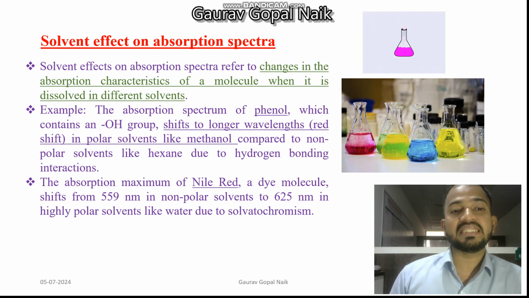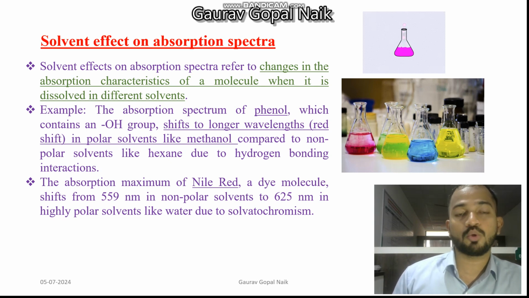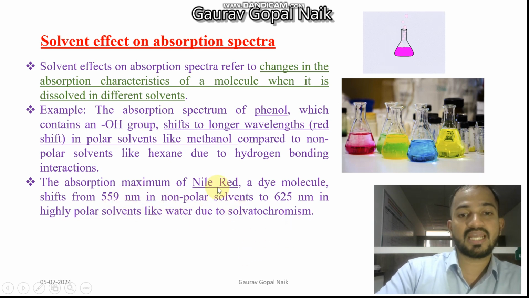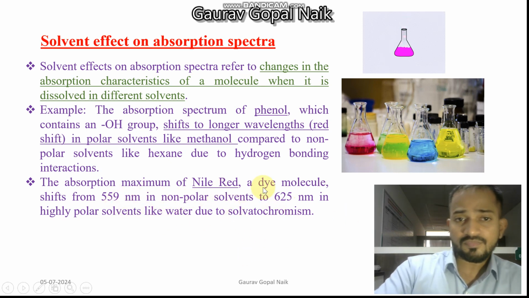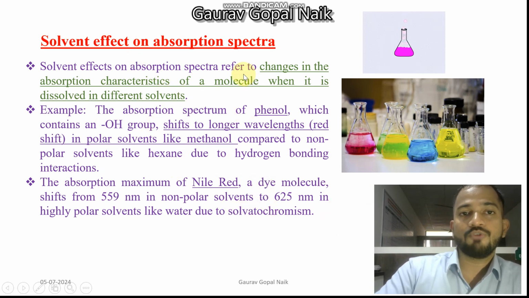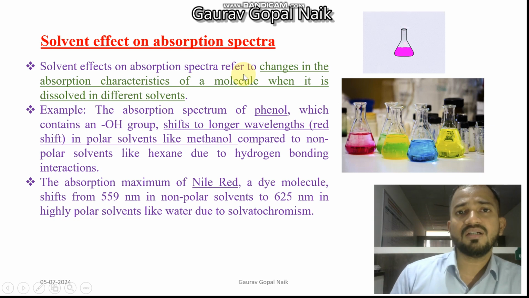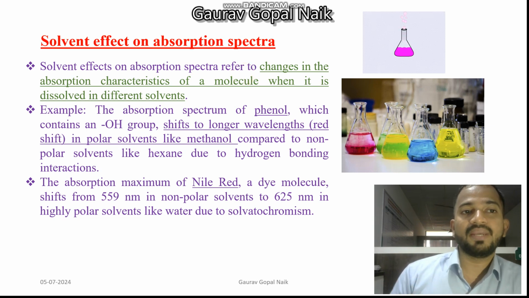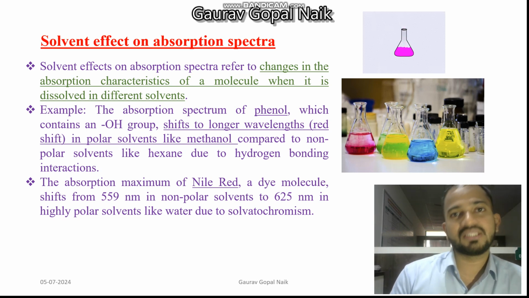Another example is that of Nile red. It is a dye molecule. There is a shift from 559 nanometers to 625 nanometers in highly polar solvents like water. The factor responsible for this is solvatochromism. So we might get a different spectra in a different solvent based on the polarity and the interaction of the molecules with the solvent.